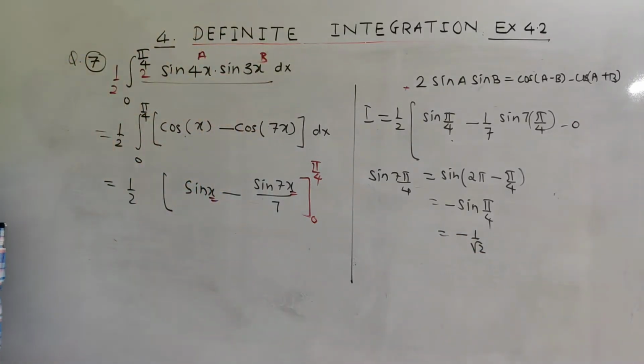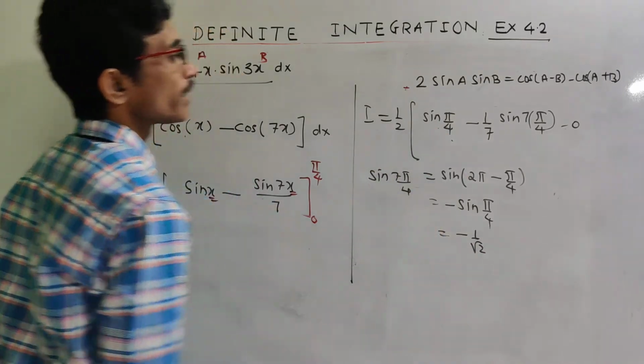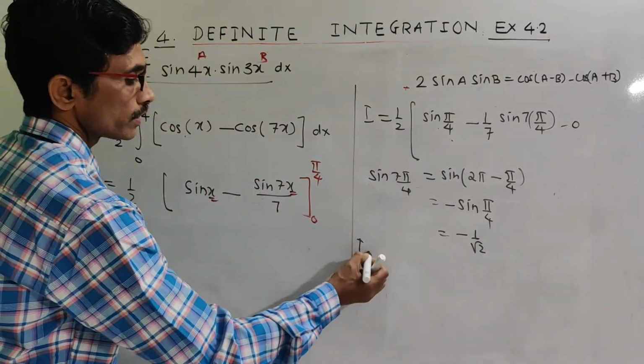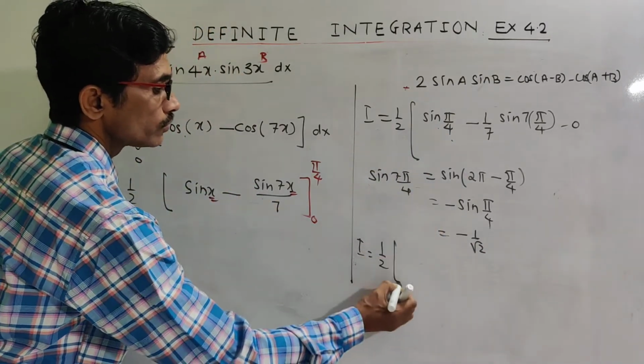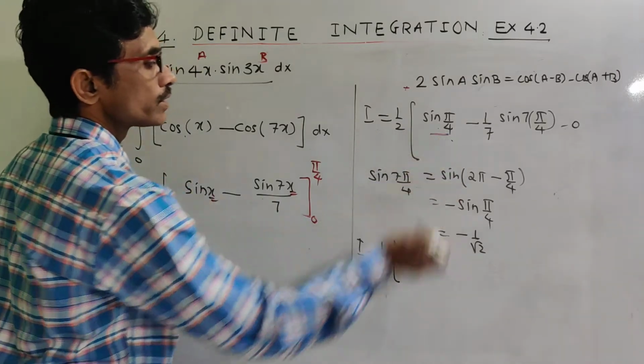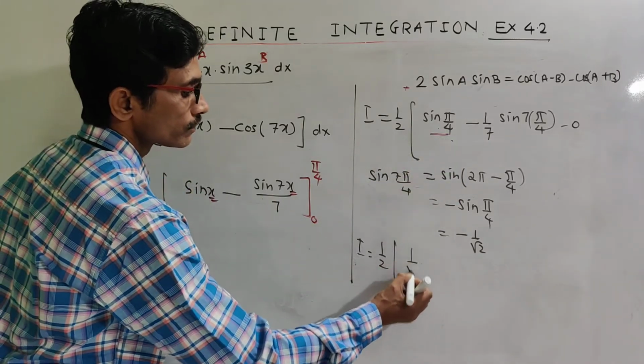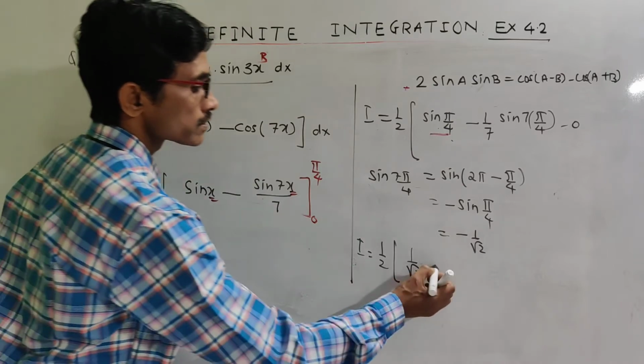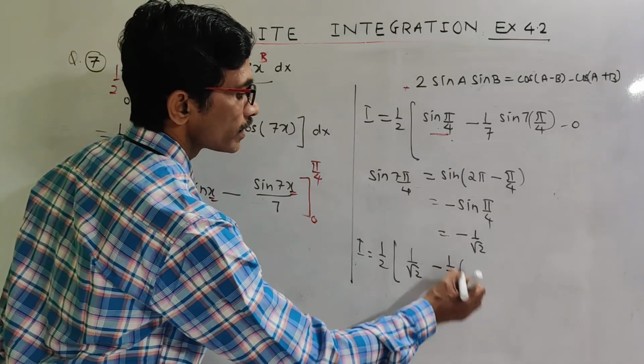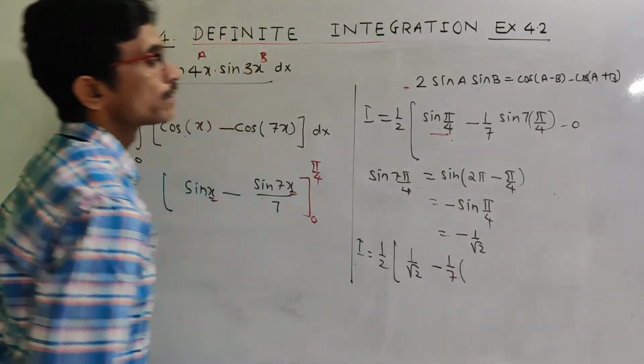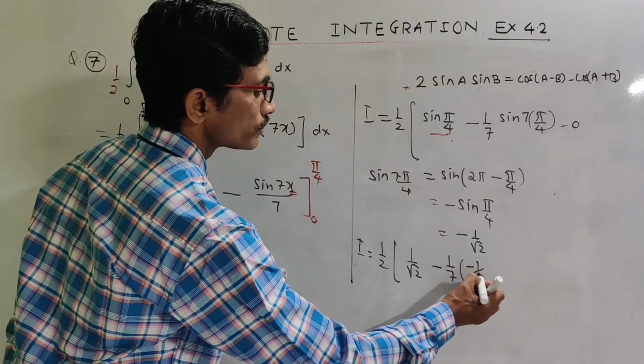So this value we substitute here. Sin of pi by 4 is 1 by root 2. So our integral I is 1 by 2 into 1 by root 2 minus 1 upon 7 into minus 1 by root 2.